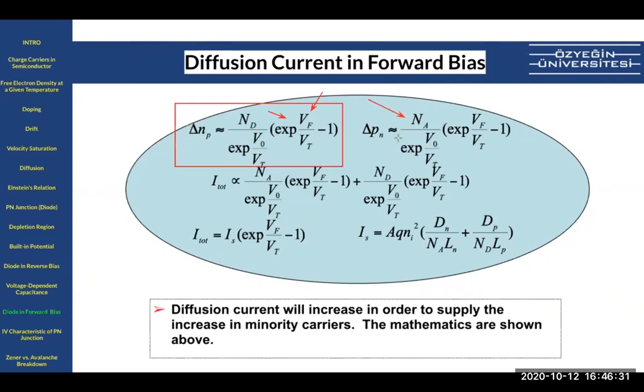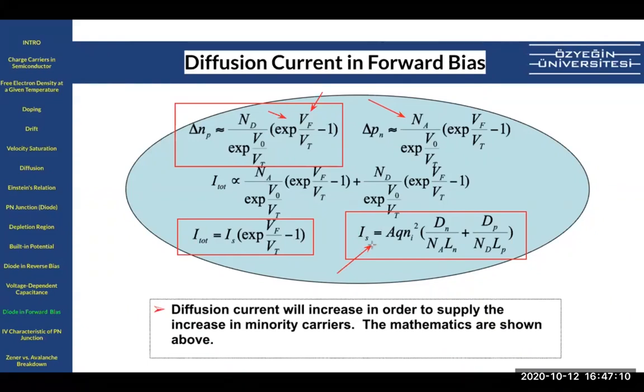Eventually, this equation comes to a final form: I total becomes IS, which we call the saturation current, that we found from these equations, times exponential power forward bias voltage divided by thermal voltage, minus 1.